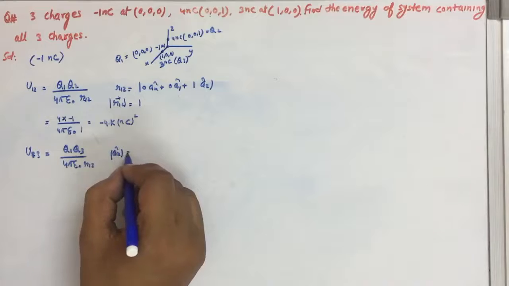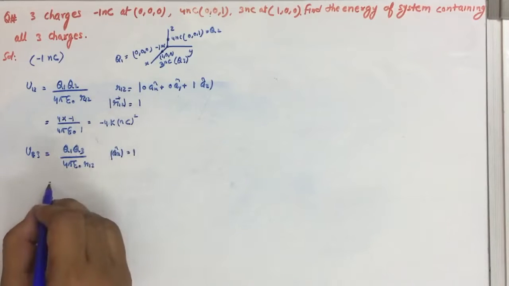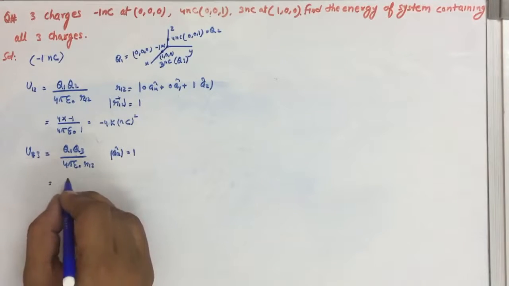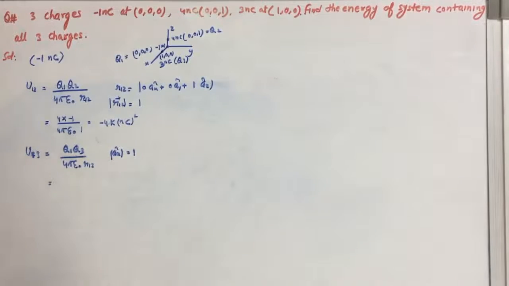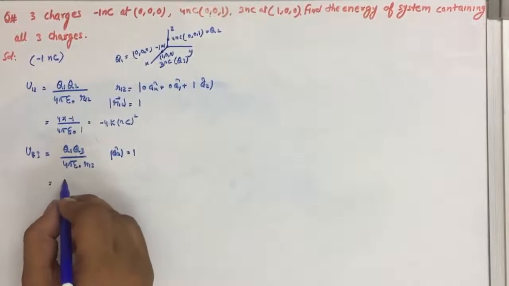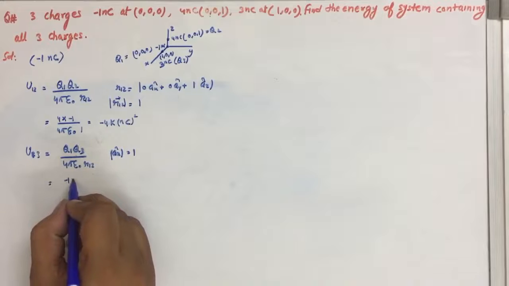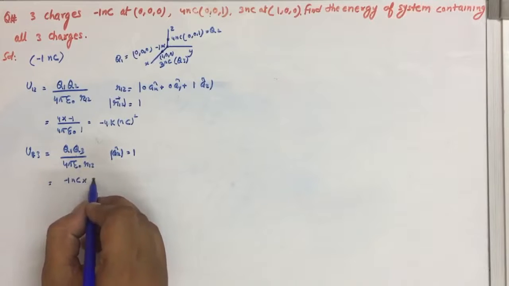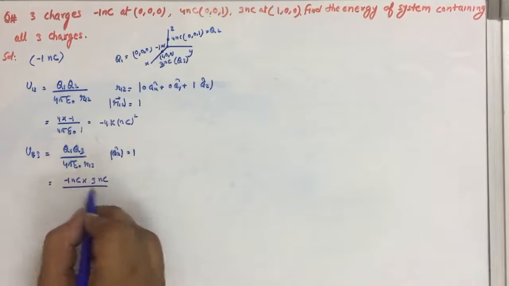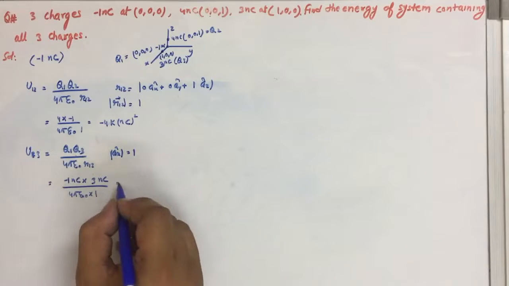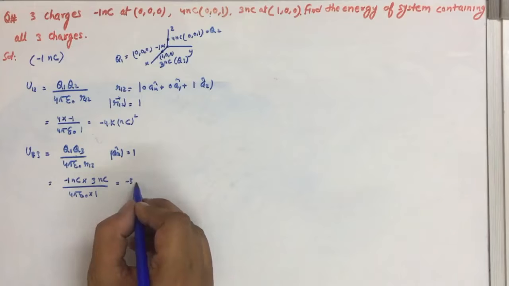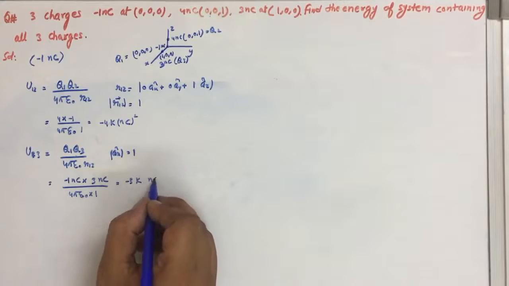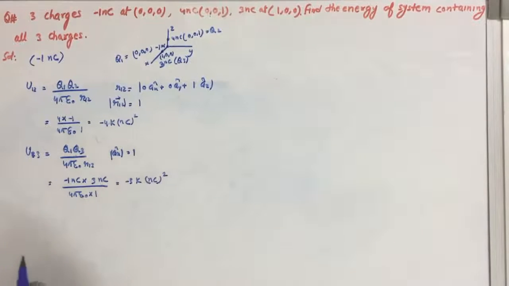That will give you 1. So here again, when you apply it, you can get -1 nanocoulomb into 3 nanocoulomb divided by 4 pi epsilon naught into 1. Again it will be -3K nanocoulomb square.